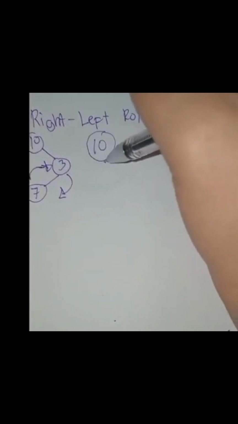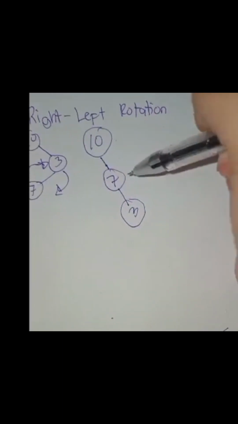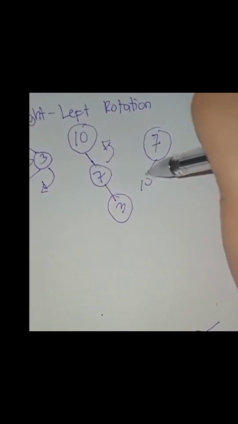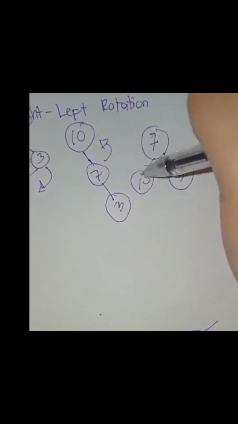Then write the 10 into the right rotation: 10, 7, and 3. Then rotate the 7 to 10's position, and select a pivot, which is 7. Then select 7's left child, which is 10, and the right child, which is 3. And that is the final answer.